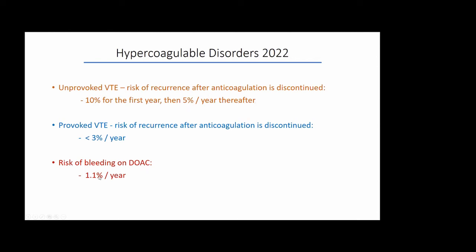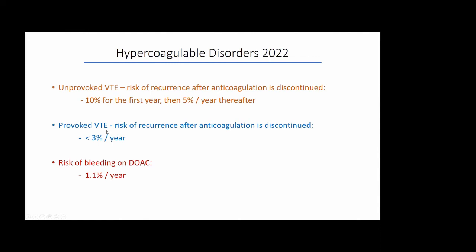In contrast to the risk of bleeding, either on a DOAC of about 1.1% per year and warfarin of maybe 1.5% per year. So the guideline is indefinite anticoagulation for unprovoked VTE because the risk of clotting is greater than the risk of bleeding.